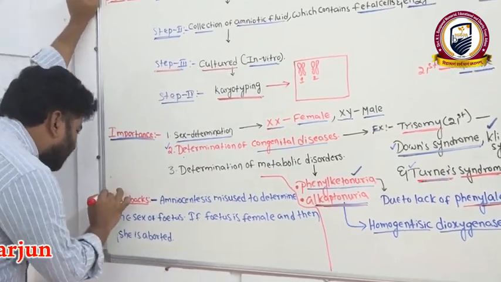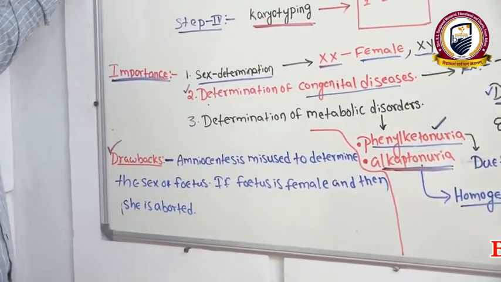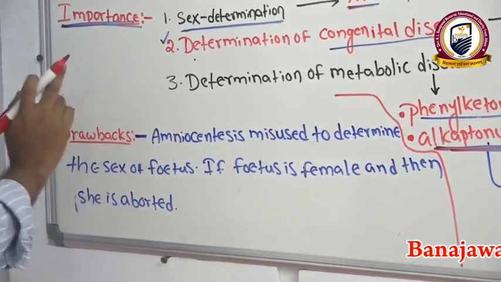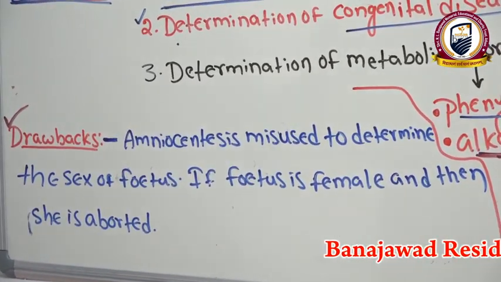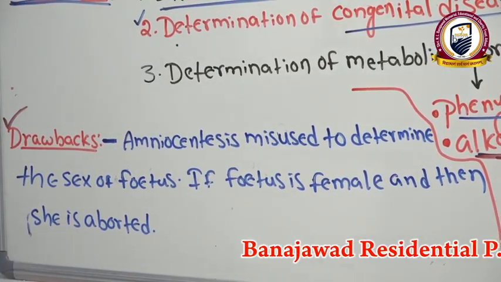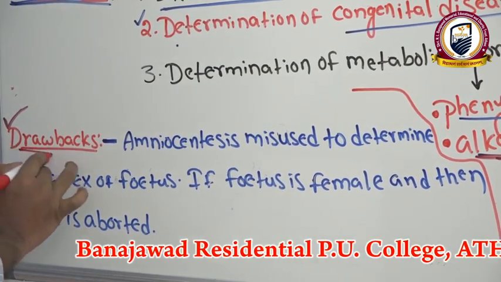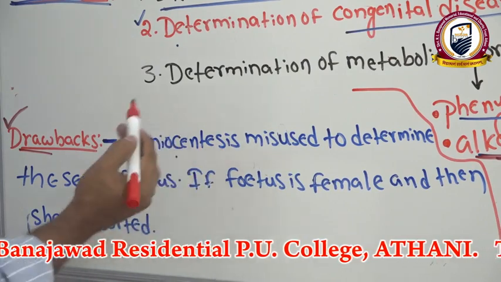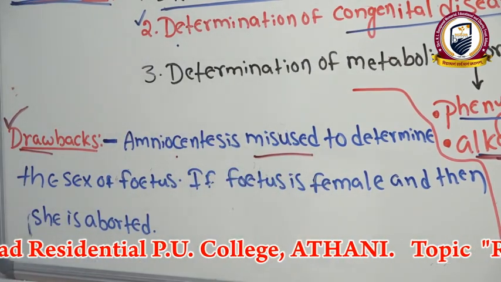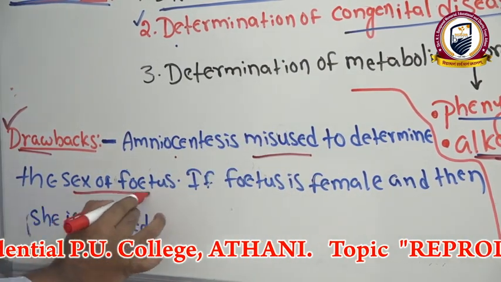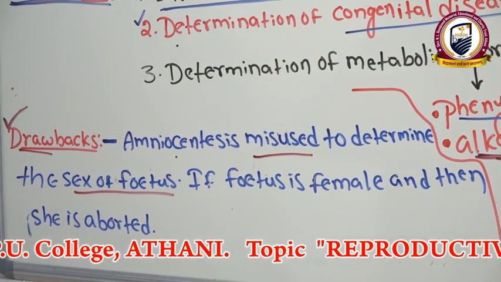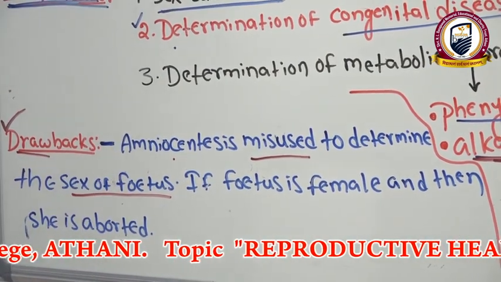Now, lastly we will discuss the drawbacks of amniocentesis. We discussed the importance, and now we will discuss what the drawbacks are for this amniocentesis. A drawback of amniocentesis is that it is misused to determine the sex of the fetus. You told us to identify the sex, no sir.